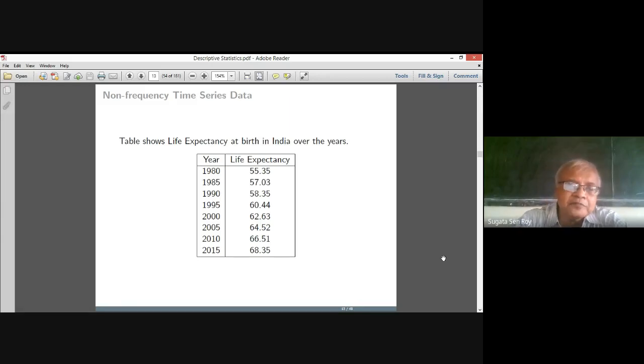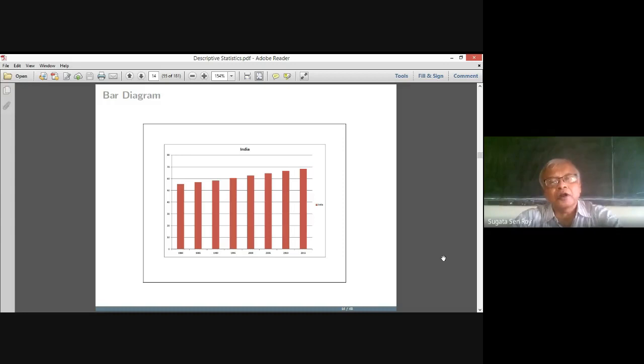So it's over time. So the life expectancy in India in 1980 was 55.35. It has improved over the time, and then in 2015 it's 16.35. Okay, so in this case, again, non-frequency, for each year you have a single value, and you can plot these values.